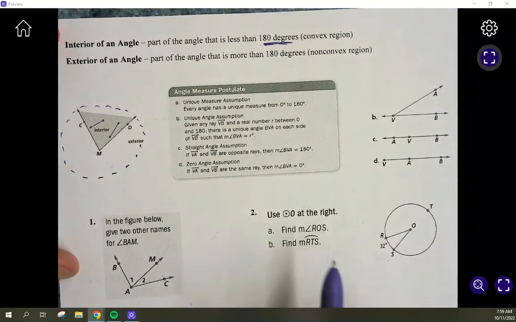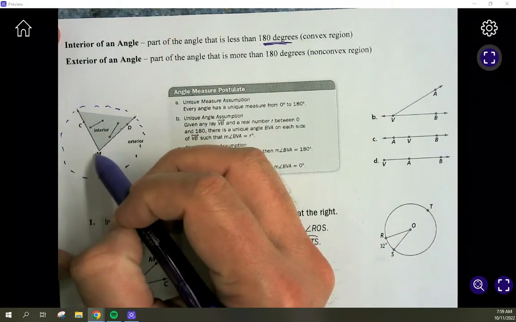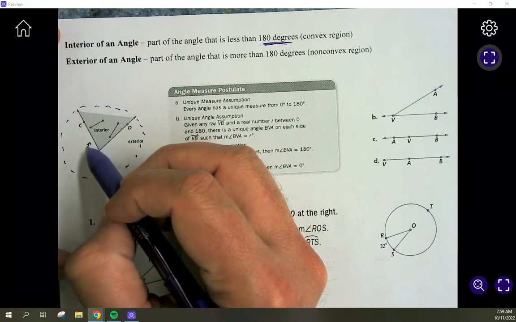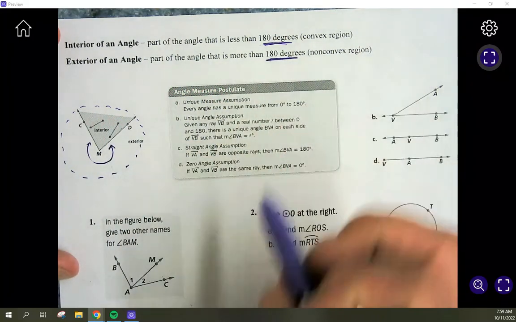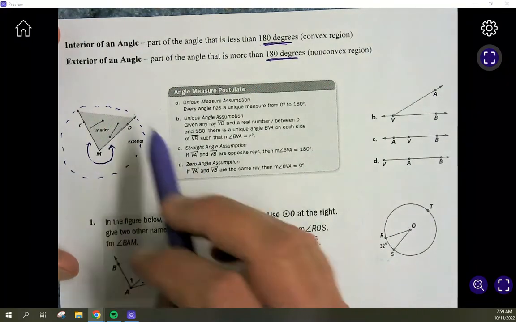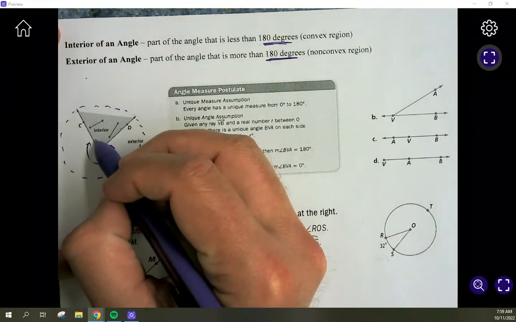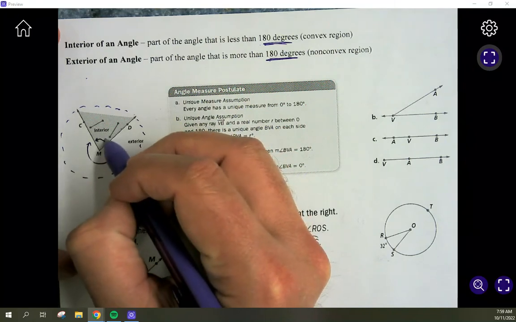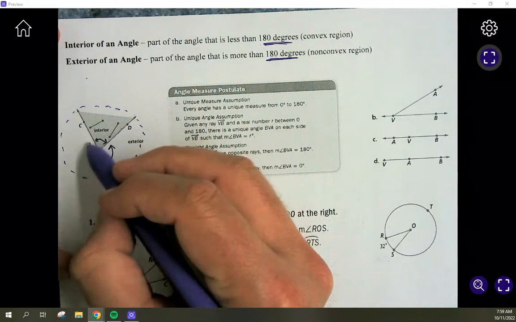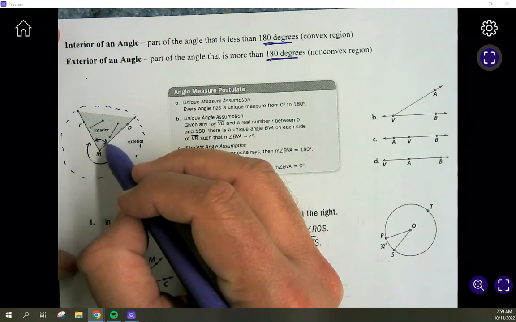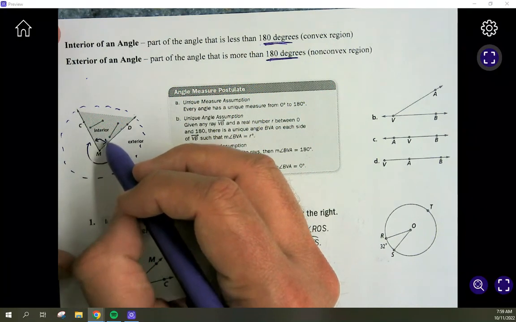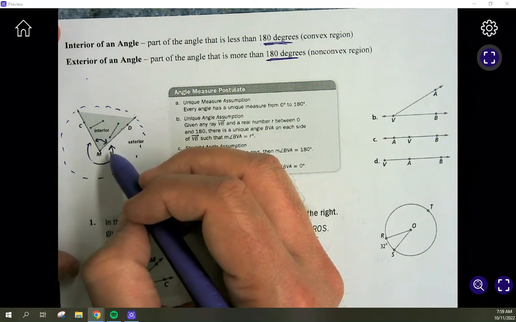The full circle is 360. And so if I'm measuring this out here, that's going to be more than 180 degrees. And that would be considered the exterior. This part in here, if I complete a circle on the inside with this being the center of the circle, less than 180, because it's less than half. This is more than half of the circle.